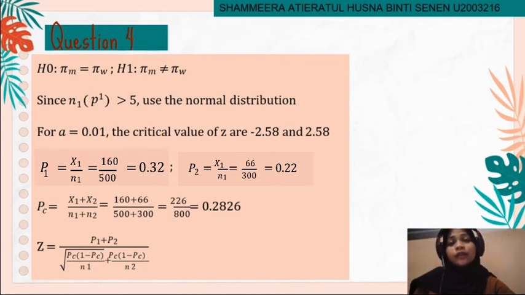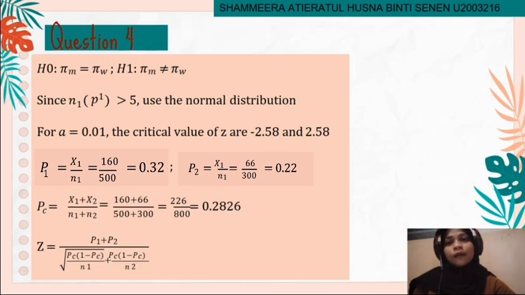For the significance level, we get 0.01, and the critical values of z are negative 2.58 and positive 2.58. Then we have to calculate the proportion of each sample. Let P1 be the proportion of men who play the lottery often and P2 the proportion of women who play the lottery often.